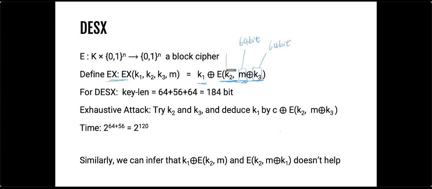And then K2 is still 56 bits. And because we're going to do XOR again, and we know the ciphertext is also 64 bits for a block, here K1 is also 64 bits. That's why the total key length will be 64 plus 56 plus 64, so that is 184 bits.